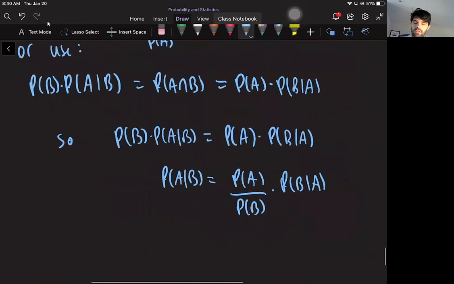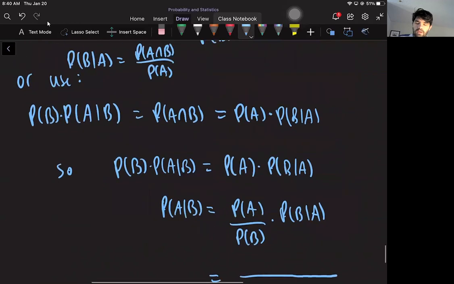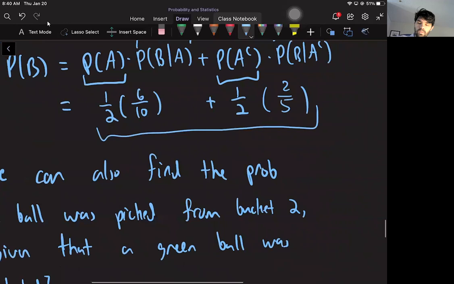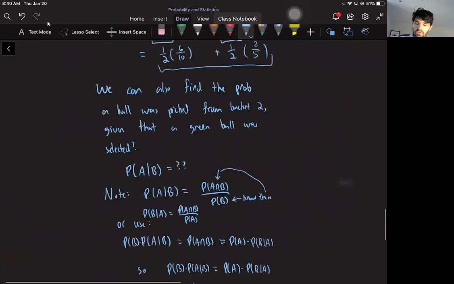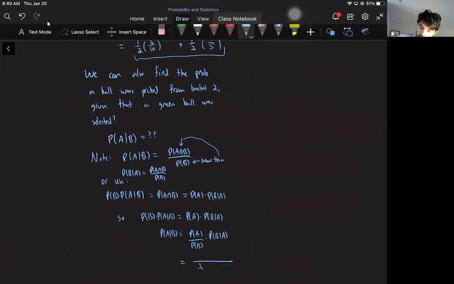And we know all of these things. We just figured out the bottom one. So what was that? That was this thing: 1/2 times 6 over 10 plus 1/2 times 2 over 5.